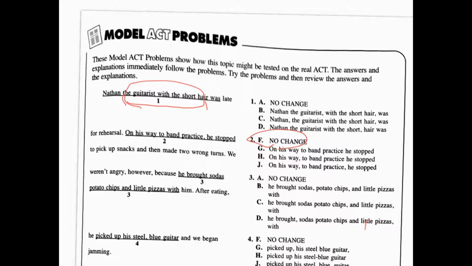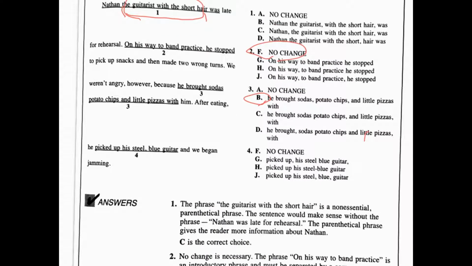Number 3. What do you have for number 3? B. Yeah, absolutely. You want to choose B. It's he brought sodas, potato chips. Those are lists. That's a list, right? So you got to use commas in there. And finally, number 4.